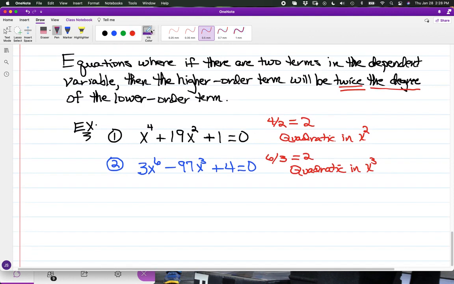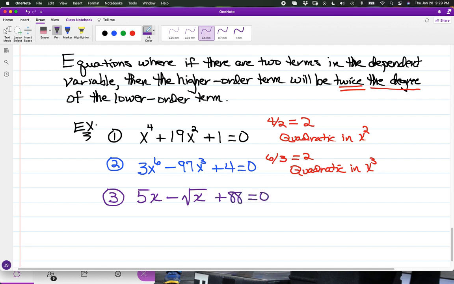And let's say that we have another situation: 5x minus the square root of x plus 88 is equal to 0.